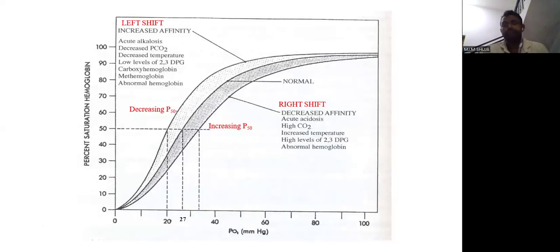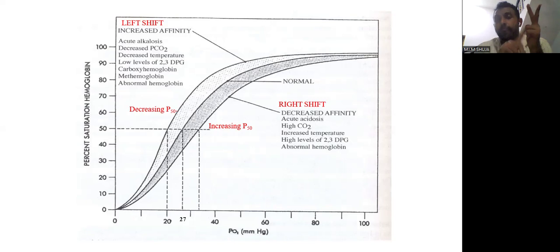So there are a few factors you have to remember. I will make it easier for you to remember. So imagine you are doing exercise. When you do exercise, what do you need? You need more energy. To produce more energy, you need more oxygen. So at the tissue level, your hemoglobin will release more oxygen.